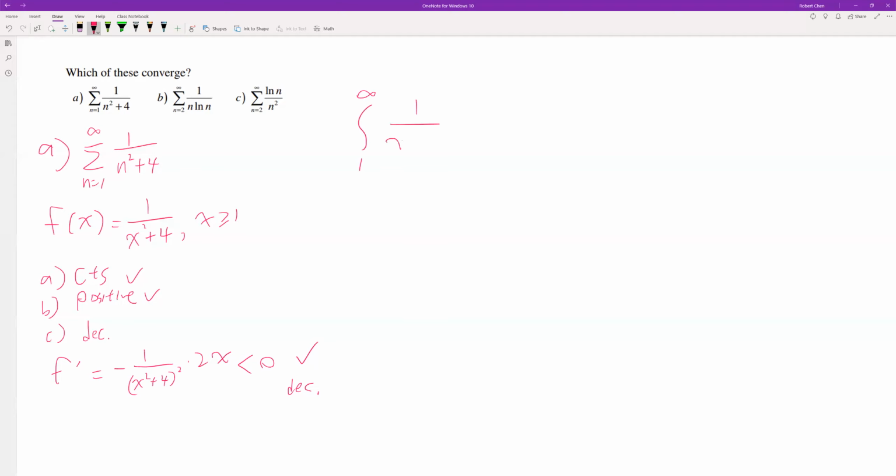1 over x squared plus 4 dx. All right, and again, we need to take the limit as t goes to infinity, integral from 1 to t of 1 over x squared plus 4.